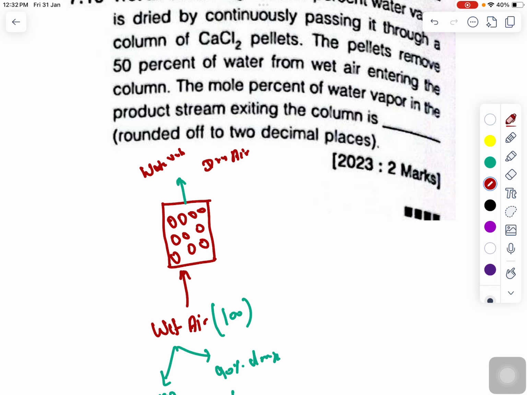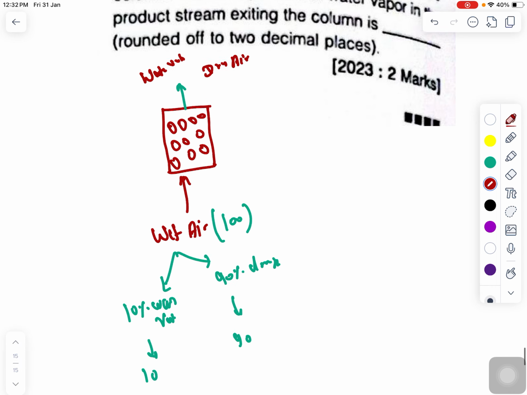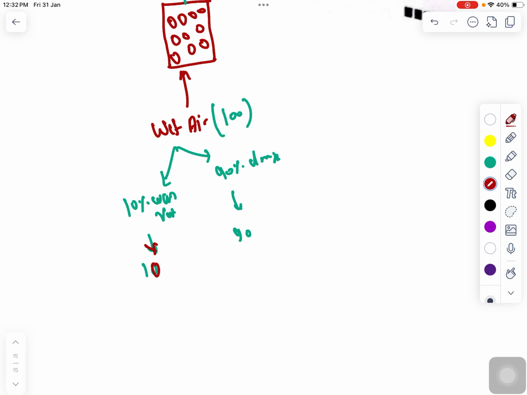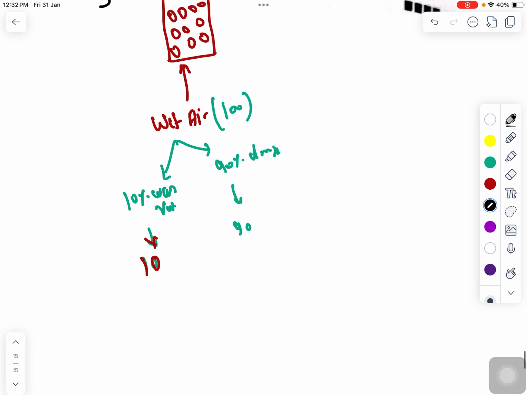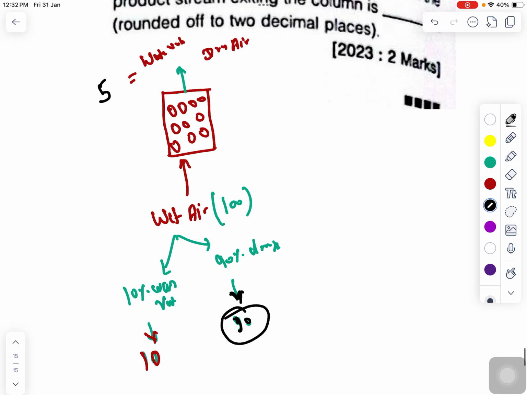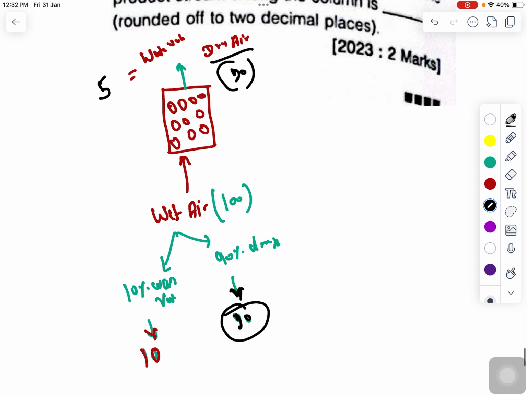The pellet removes 50% of the water from the wet air. So if the water vapor here is 10 and it is removing 50%, how much water vapor has been left? Only 5. The dry air will be as it is, since you are not removing the dry air. So the dry air that you are supplying here, you will get here, that is 90.